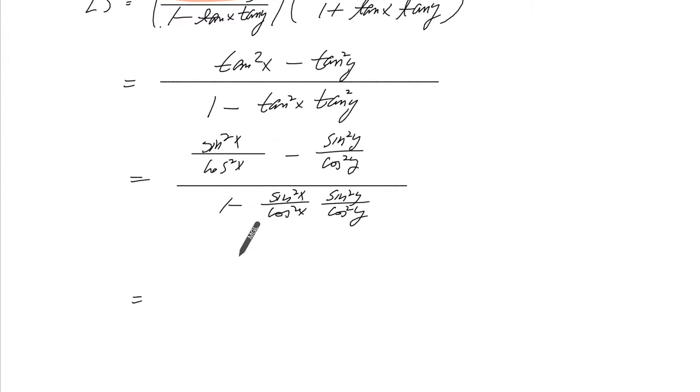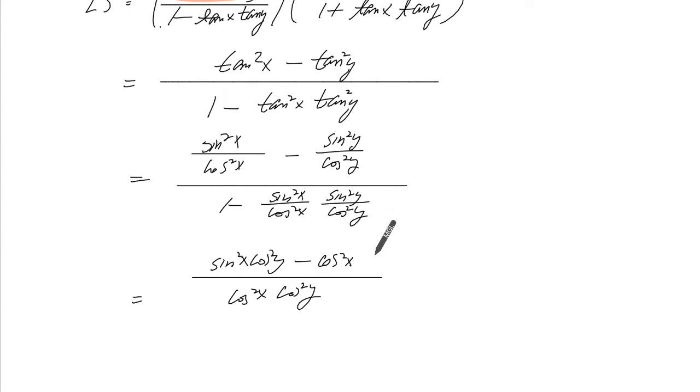Okay, so let's add the top, and you get a common base of cosine squared x, cosine squared y, and you get sine squared x times cosine squared y, right? Cosine squared x, sine squared y, all over.